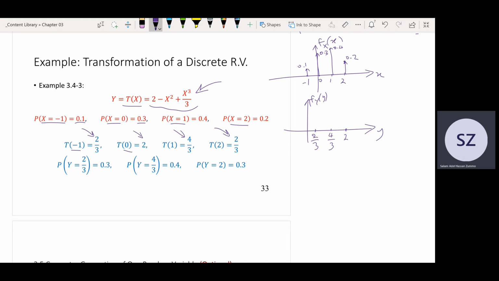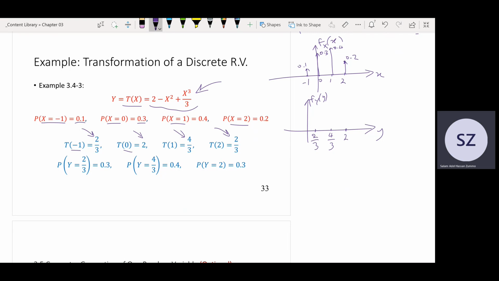Non-monotonic means that for every value of Y, you might end up with more than one value of X. So now I found half of the PDF. I know the values, but I don't know how the total probability of Y is distributed over the different values. So you need to find the probability that Y equals 2/3, 4/3, and 2.